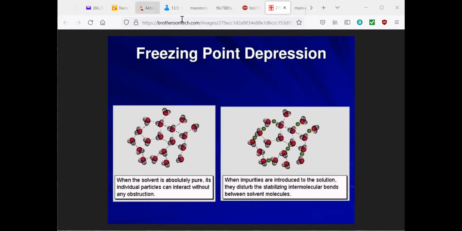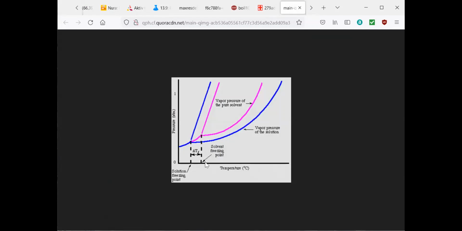So we get freezing point depression. It needs to be colder in order for it to organize, because then it's going to be so cold it won't have enough kinetic energy to move around the solute and can just start becoming a solid. So what we get for adding a solute to my solvent in a solution is freezing point depression. So where is this used?